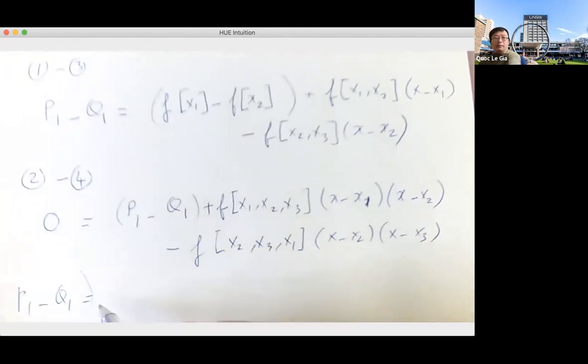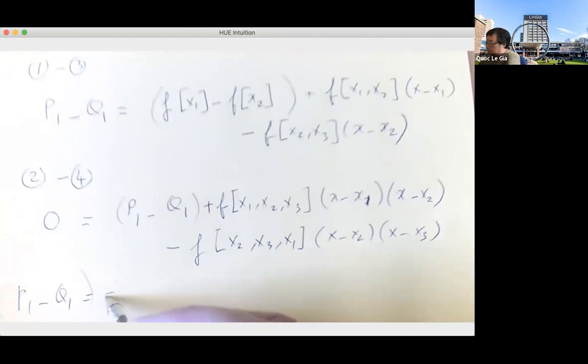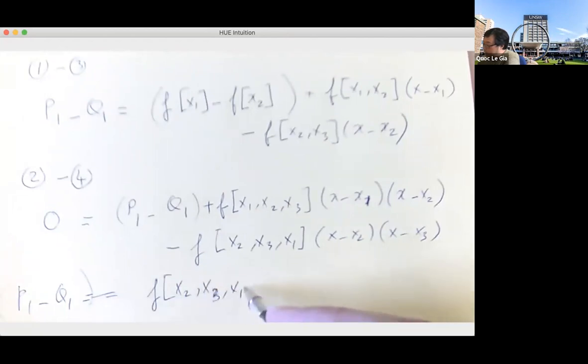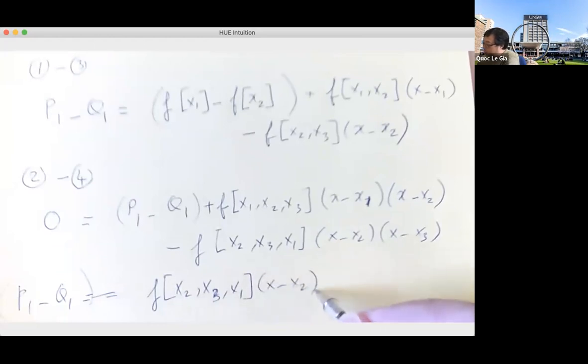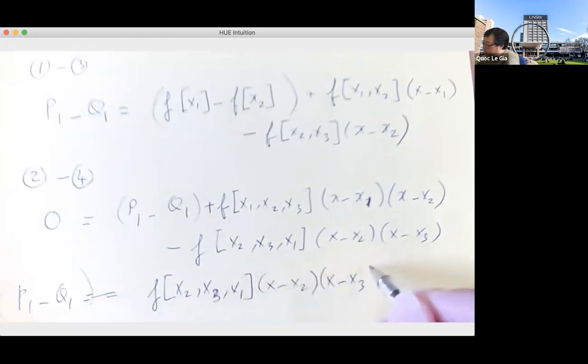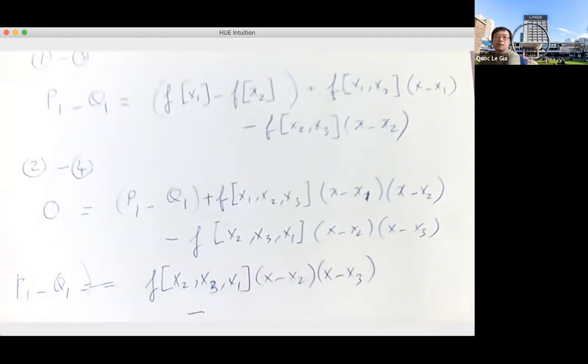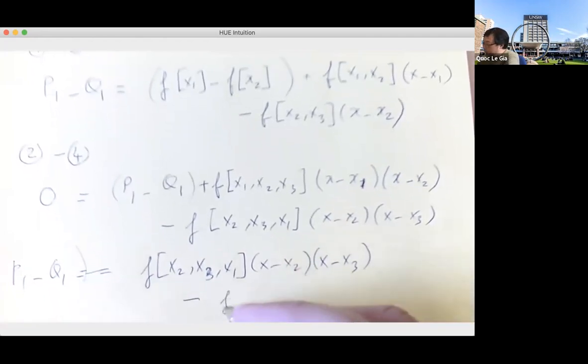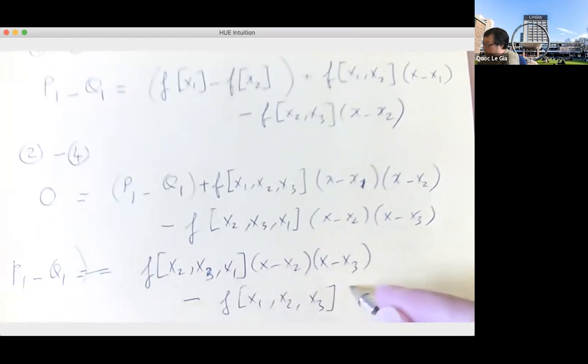Then I get f of x2, x3, x1 times x minus x2, x minus x3, minus f of x1, x2, x3 times x minus x1, x minus x2.